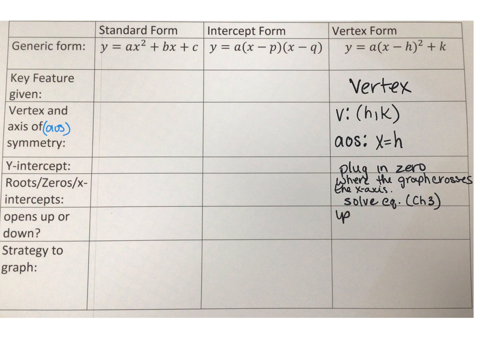The graph opens up if a is greater than 0. If it's positive. It opens down when a is less than 0. Or it's negative.